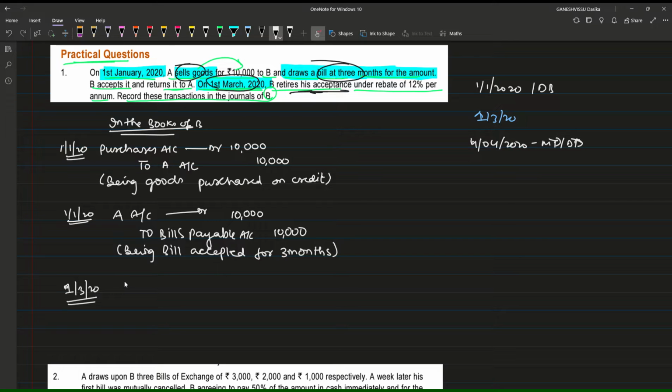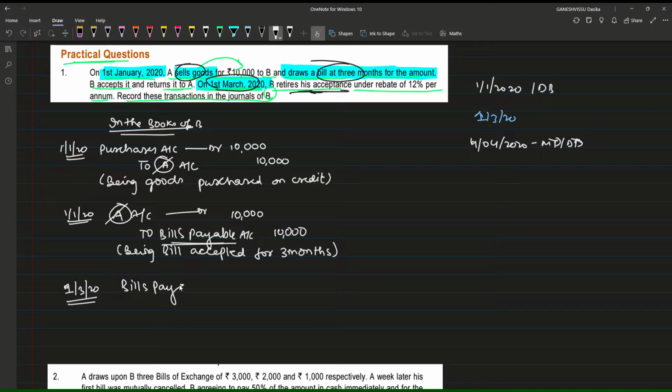What is B doing? B is retiring the bill on 1st March 2020. That means the bills payable, which is a liability, is being discharged, so bills payable is to be debited.